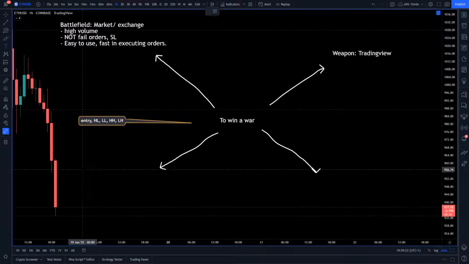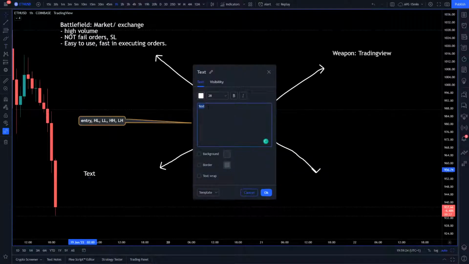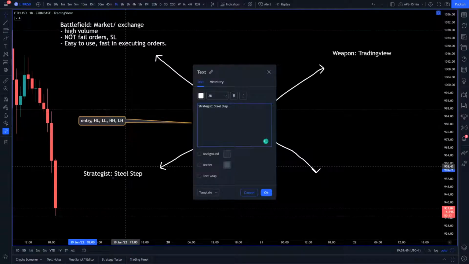And next one is our strategy or strategist. So in a war we always have the commander, the strategist, the general that's smart. So that's me. So if you're going to choose me, I only teach StillStep. StillStep is the most reliable strategy that I can find in the space.